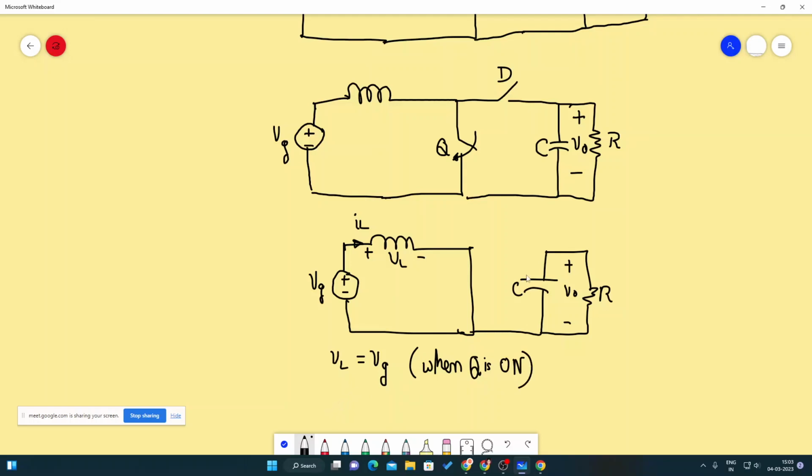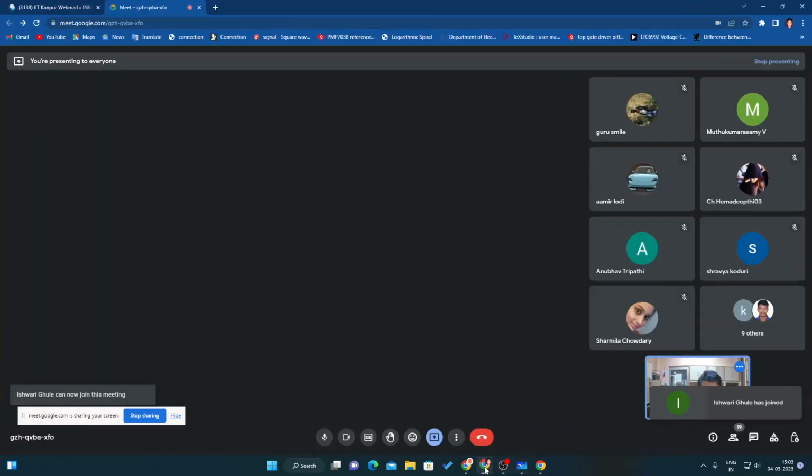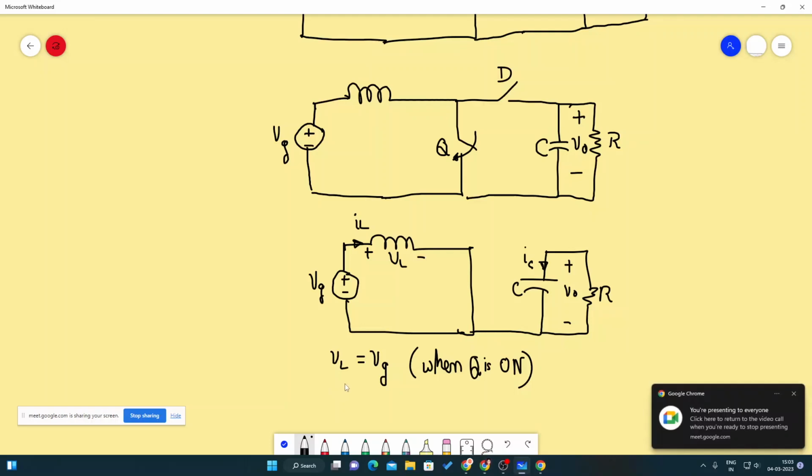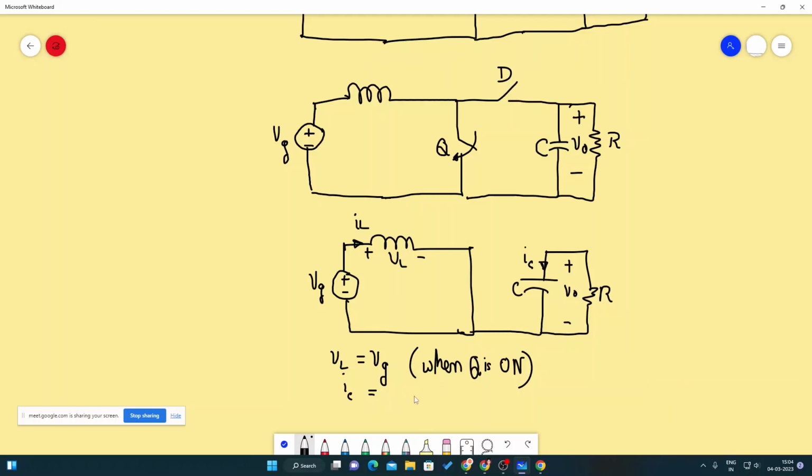Similarly, the current through the capacitor is, let's say, IC. IC will be equal to, if you consider the KCL at this point, minus V out, V naught by R, right?